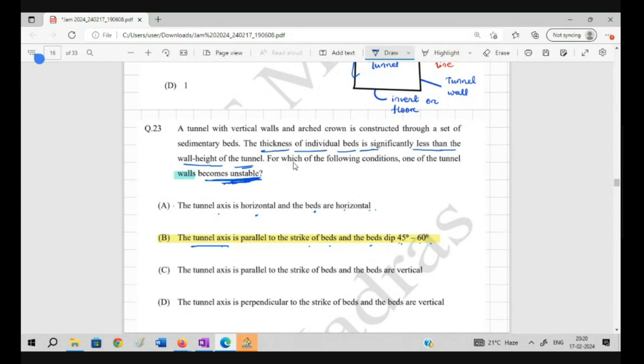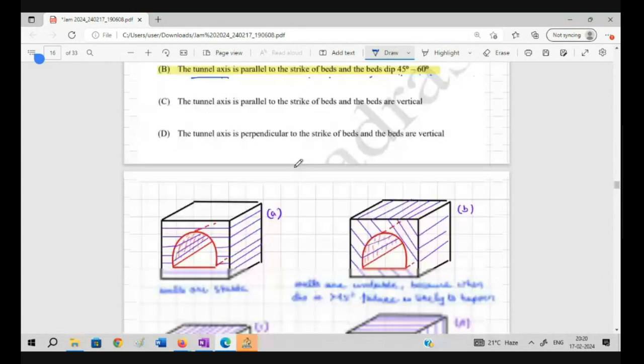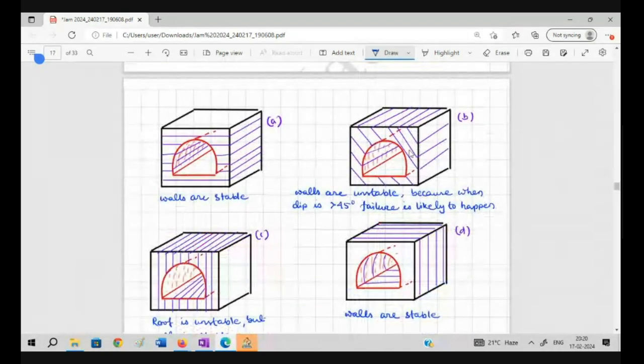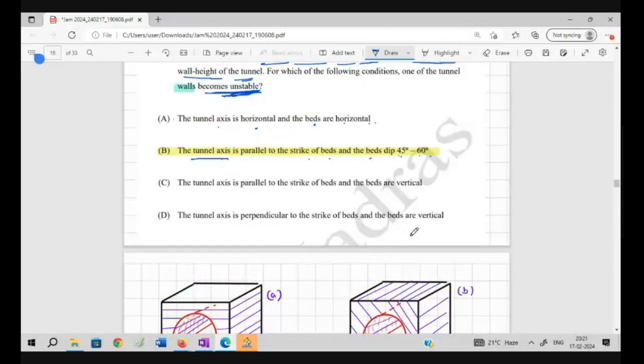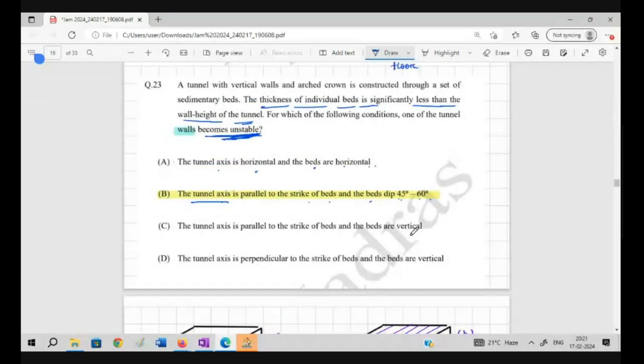That's why when the tunnel is constructed parallel to the strike of the bed, it will encounter more than one bed in its path, so it becomes unstable.